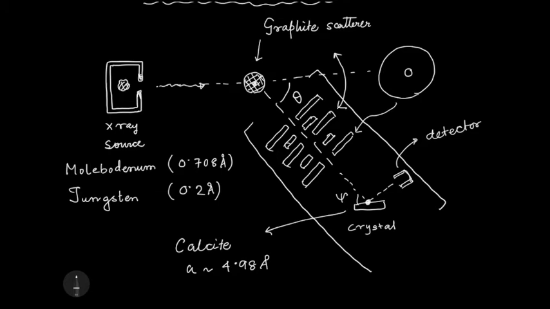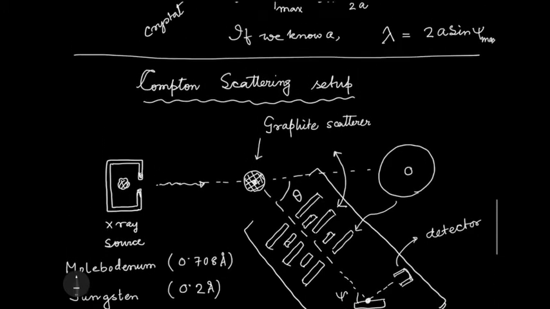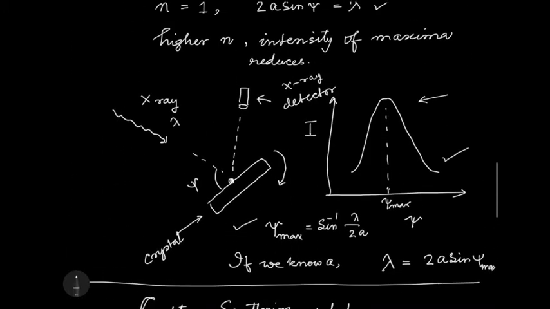So what are the different things he can do? He can keep this entire arm at different theta, and for each theta he can measure the spectra. So for each theta he can produce this curve essentially.